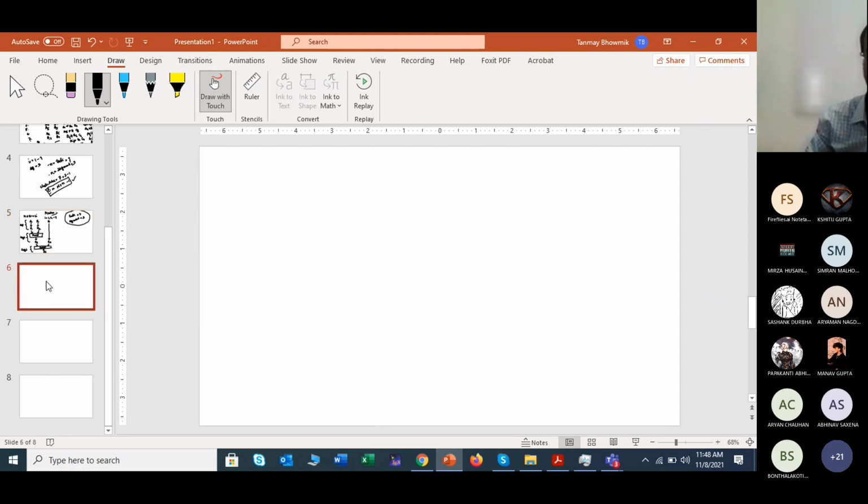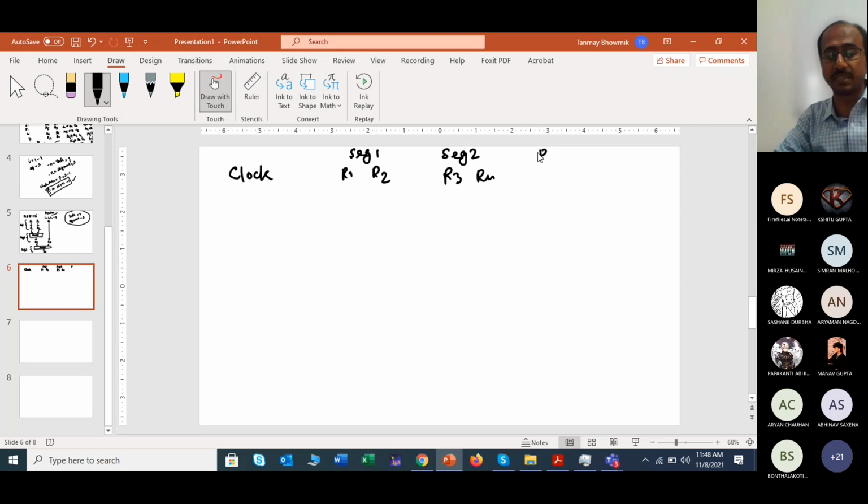Now, previous day also we tried to show this type of table: you are using a clock pulse here, segment 1 here, segment 2 here, and segment 3 here.